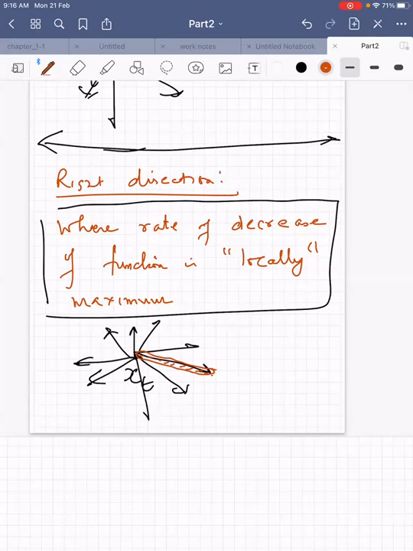I don't know what's going to happen later, but at every point I'm standing while going to Majnu Ka Tila, I will look at that direction and go in that direction as much as possible. If that direction does not exist, then I'll go closest to that direction.